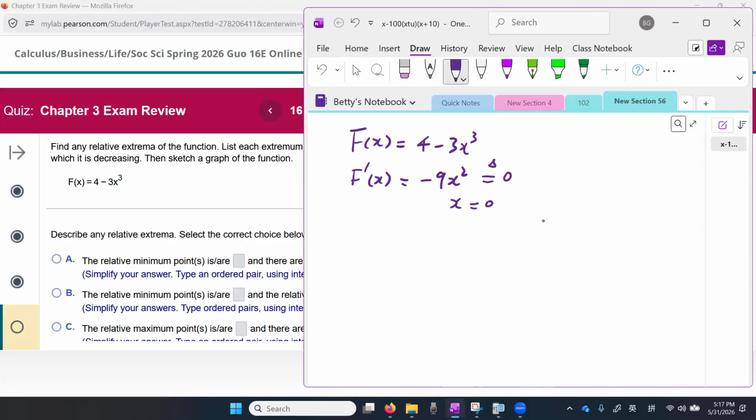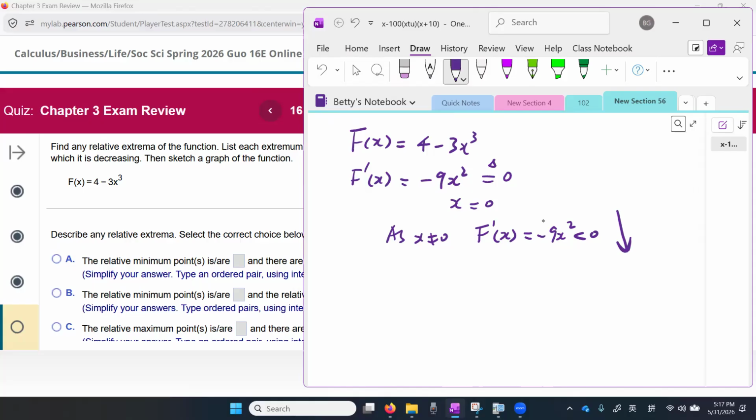As you can see, the first derivative is negative 9x squared. So when x is not equal to 0, either less than 0 or bigger than 0, f prime is always less than 0. The first derivative is less than 0, that means decreasing. So that means the function is going to increase the entire time, but at x equals 0 it flattens out a little bit.